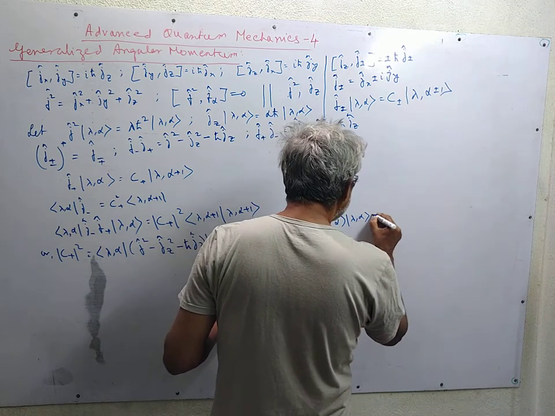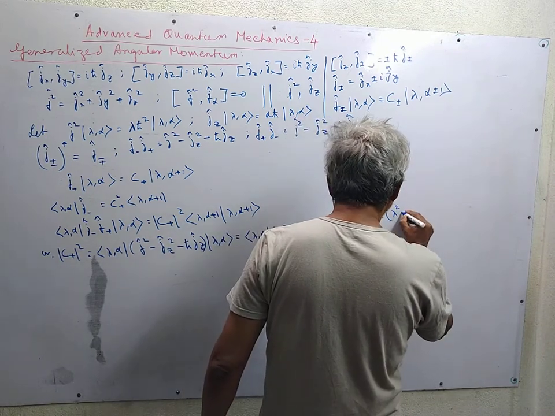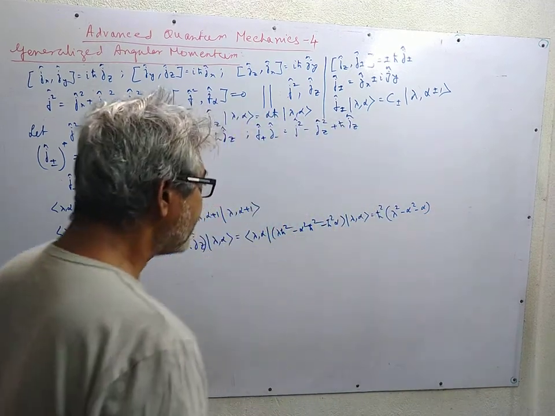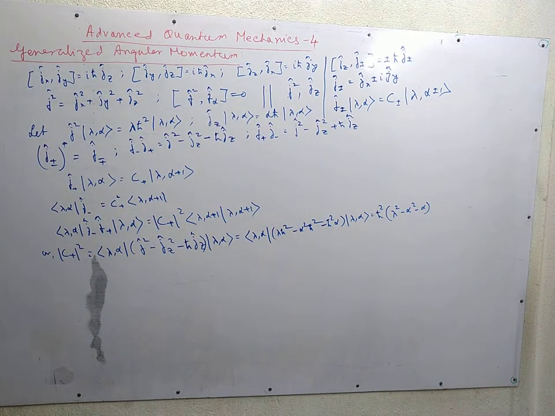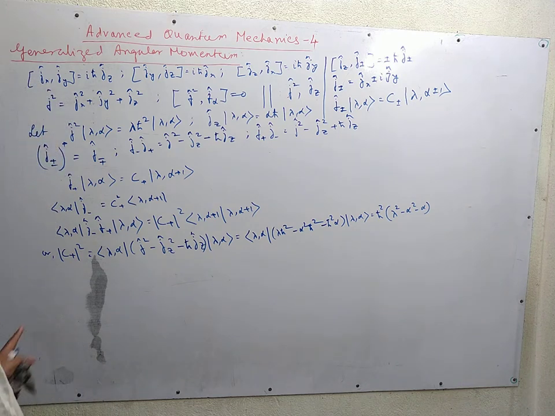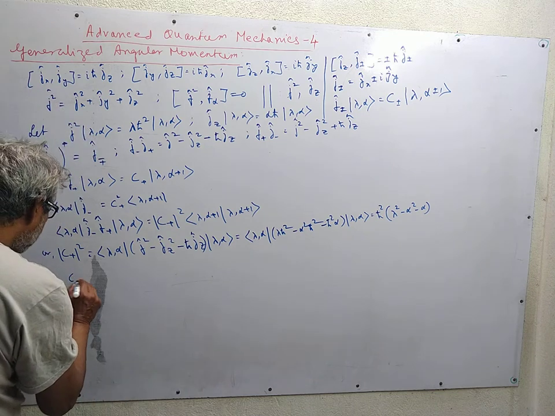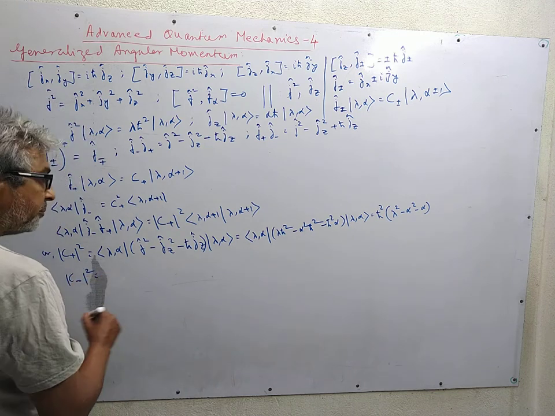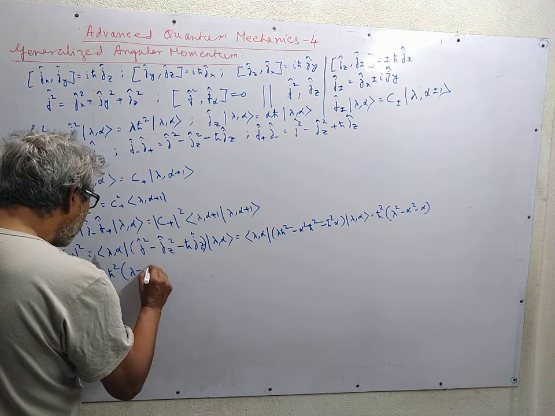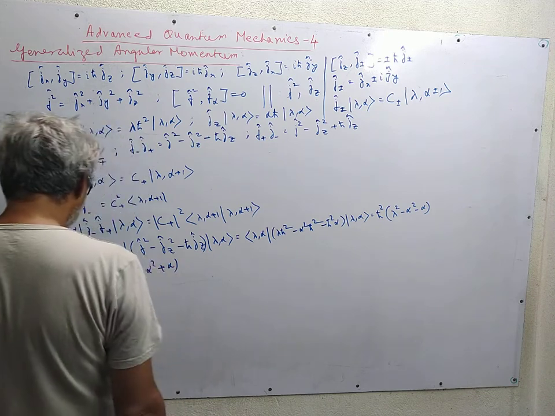So this is h line square, lambda minus alpha square minus alpha. Similarly, we get C minus square would be h line square, lambda minus alpha square plus alpha.